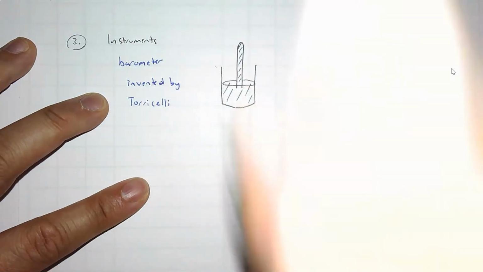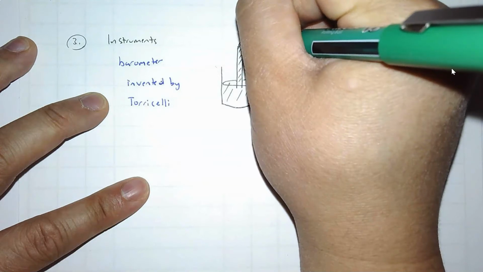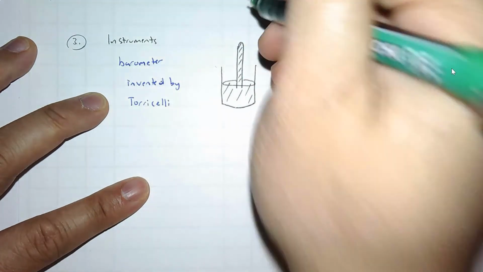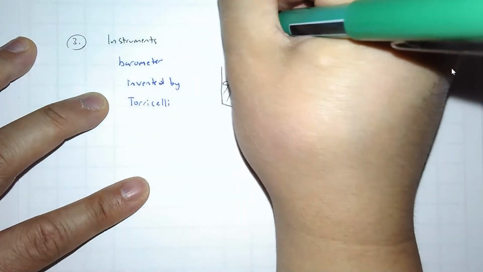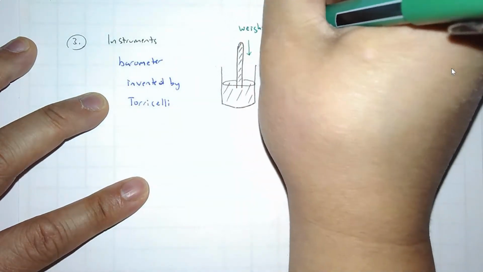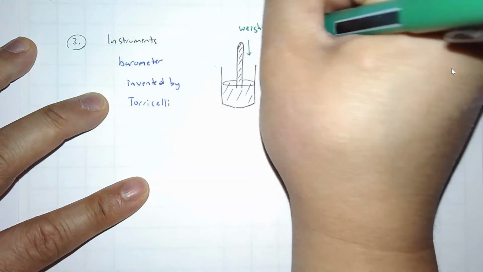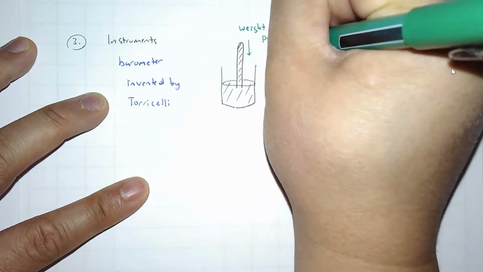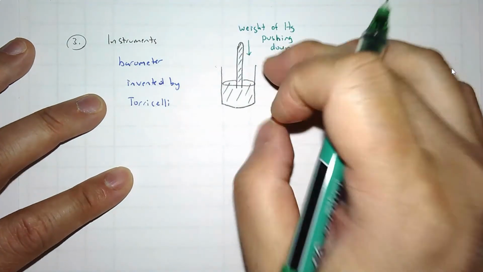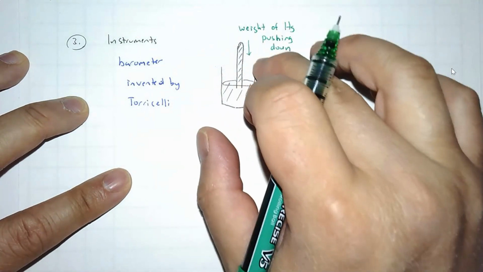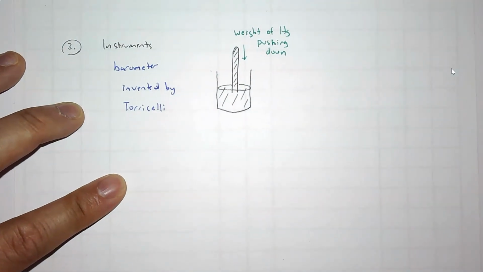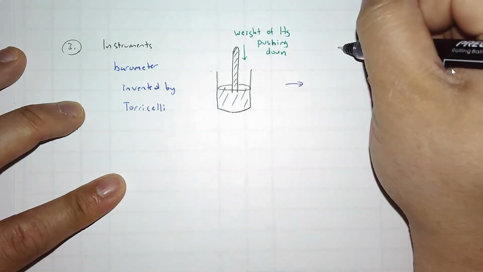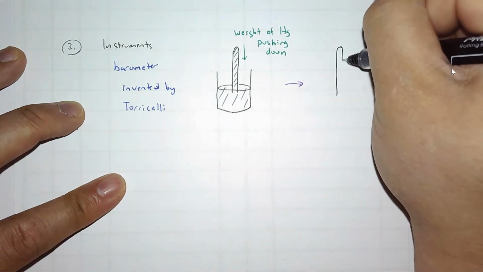So what's going to happen here is that we're going to see the weight of the mercury in the tube pushing down. This is initially. Once that tube goes into mercury, it's going to feel the weight of the mercury pushing down, and then eventually it's going to go to this situation. It's going to find some equilibrium where it's not going to push out all the mercury.